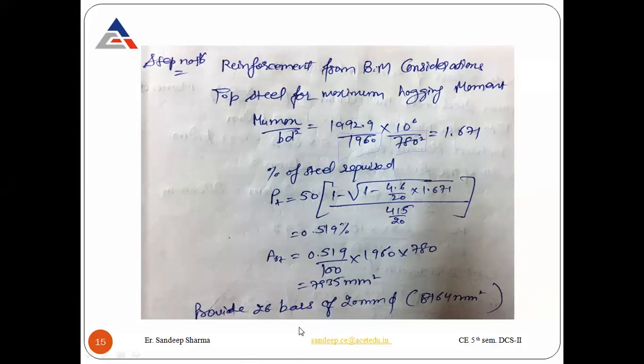As per this, we can calculate the percentage of steel. Here we are getting 0.519%, and the area of steel against that: 26 bars of 20 mm dia, that is 8164 mm square, the area of the steel, which is more than the required area that we can provide here.